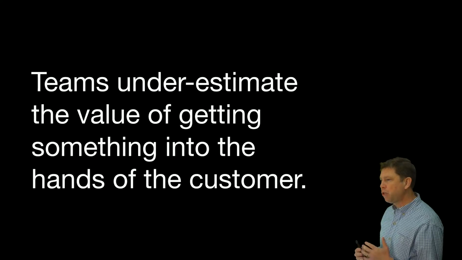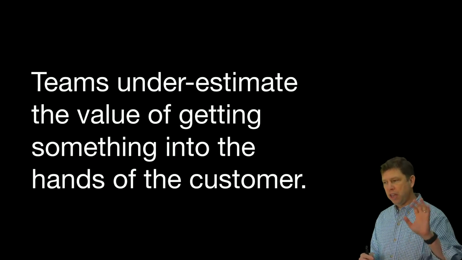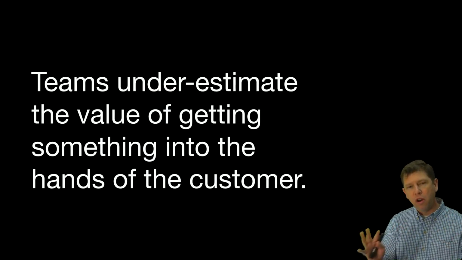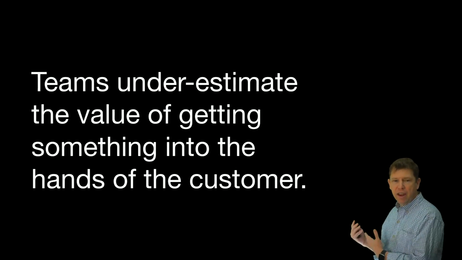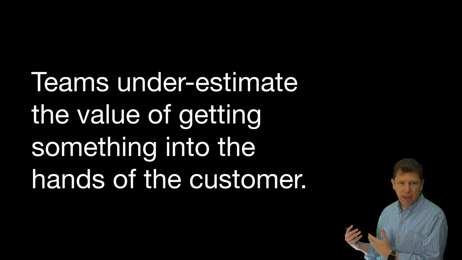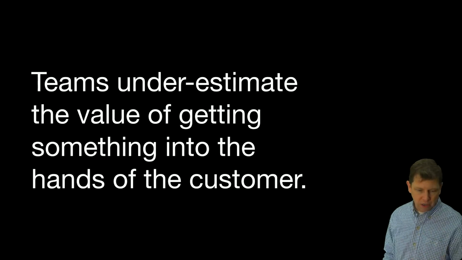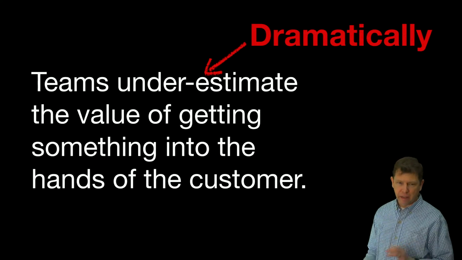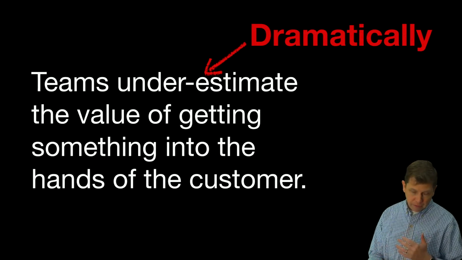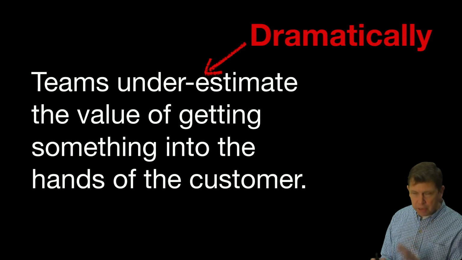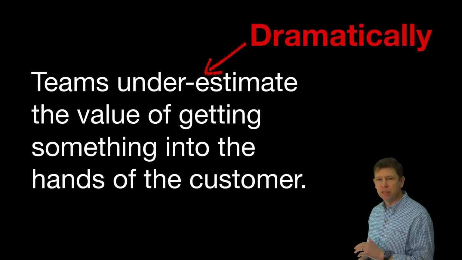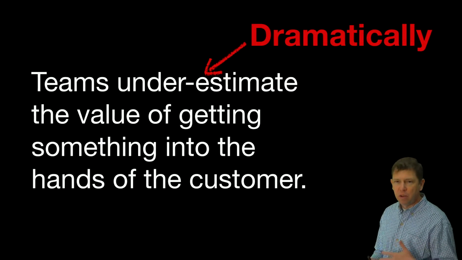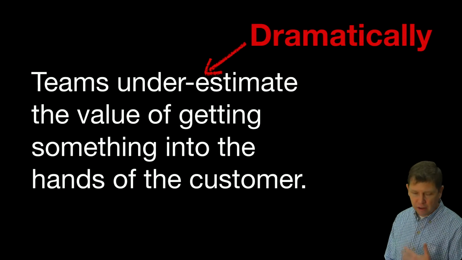And if you're in a situation where people are overvaluing not having to change and mold the system, grow and evolve the system, and they're underestimating the value of getting something in the customer's hands, you're setting yourself up for project failure. And by underestimating, I mean very dramatically underestimating the value of getting feedback from the user sooner. I have seen projects spend millions and millions of dollars underestimating this, only to get things canceled because they weren't getting things into the customer's hands and getting feedback sooner.